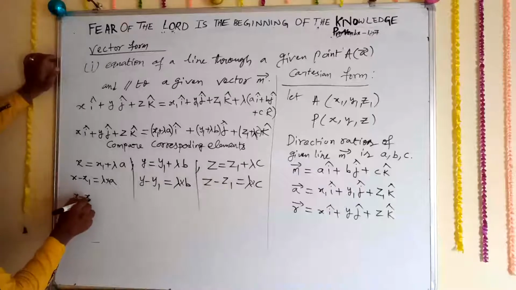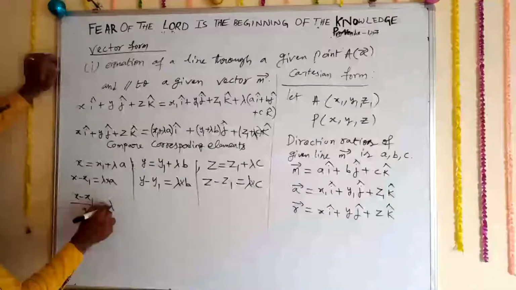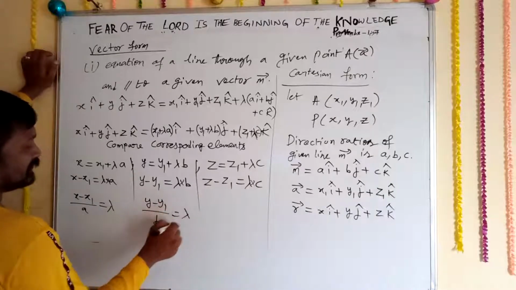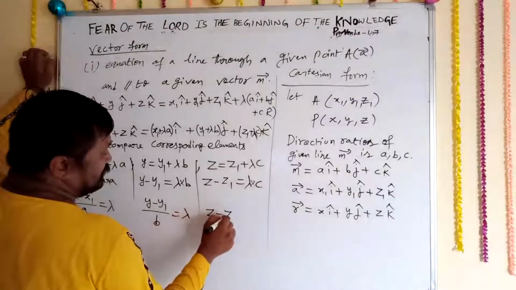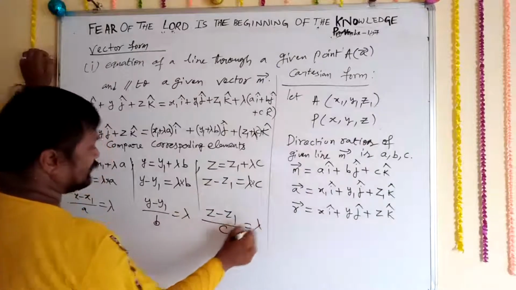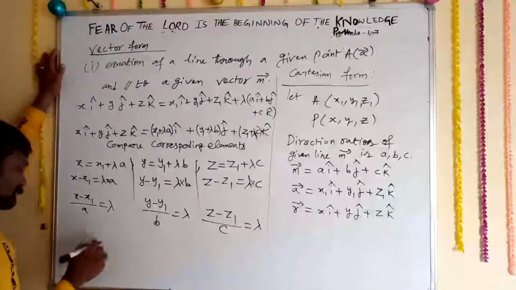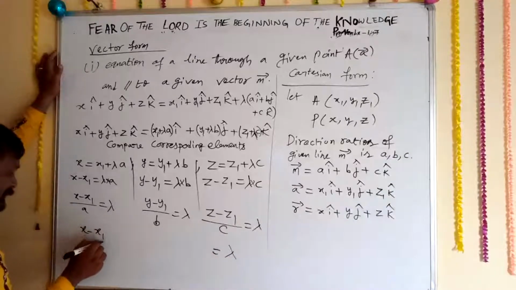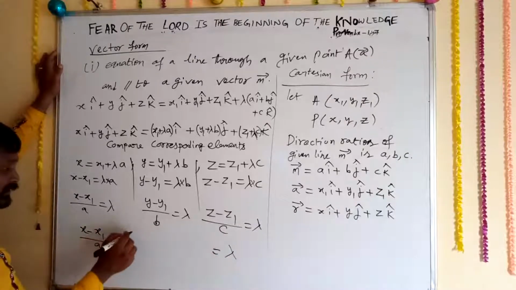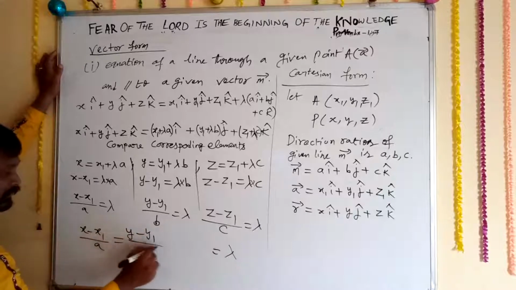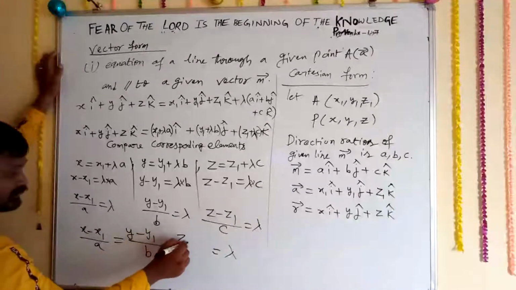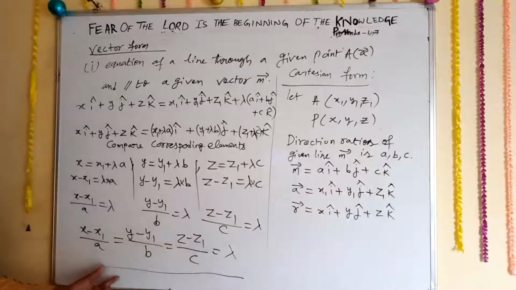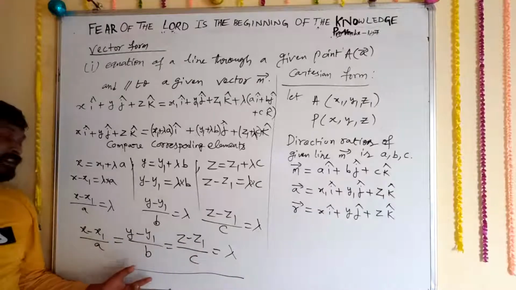So x minus x1 upon a is equal to lambda, y minus y1 upon b is equal to lambda, z minus z1 upon c is equal to lambda. So at last, lambda is equal to x minus x1 upon a, that is equal to y minus y1 upon b, that is equal to z minus z1 upon c. This is your equation of Cartesian form of a line.